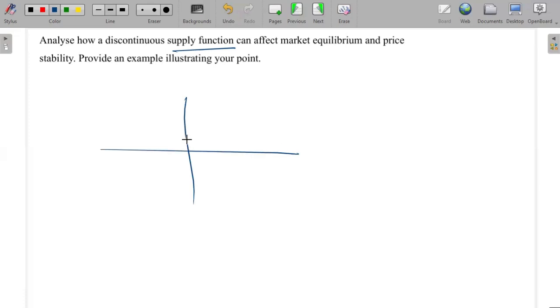And remember that step function we had, where maybe it's 500 and then it just jumps to 2,000. Because there's that discontinuity at this point, it would mean there will be those sudden jumps. Then that causes price instability. It means that prices are just going to be shooting up and down like that.